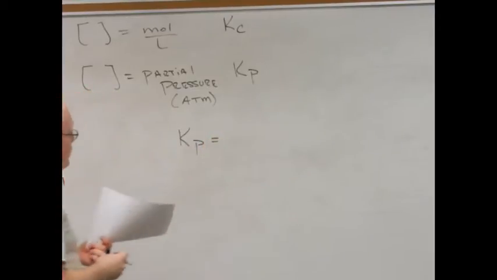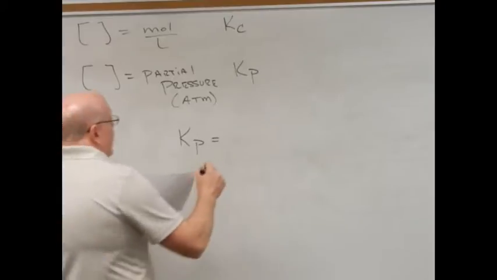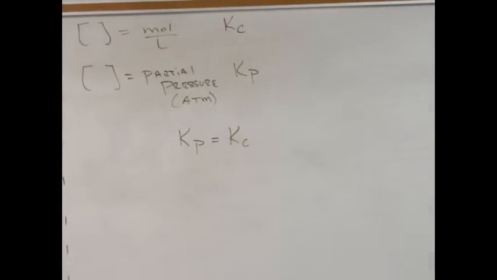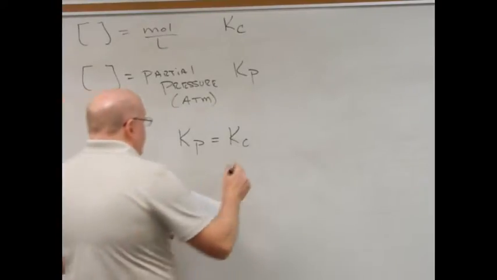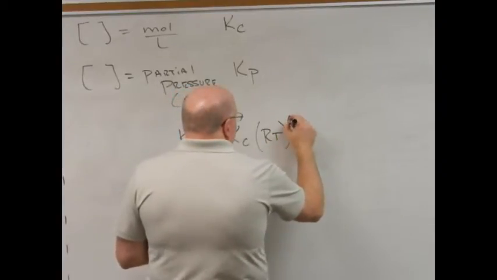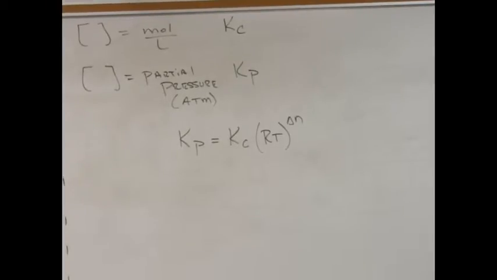The equilibrium constant in partial pressures equals the equilibrium constant in moles per liter, except the only thing different, R is a gas constant, which is 0.0821.